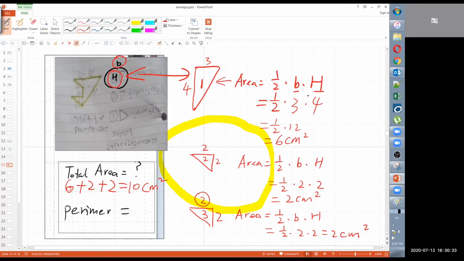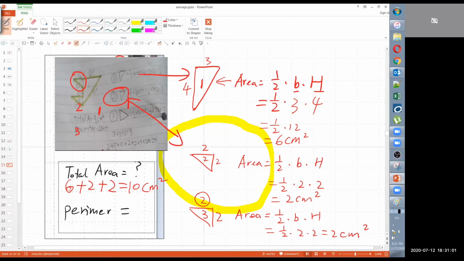Second one, compare. What did you not do right? The triangle you have written down is not the triangle I gave you.